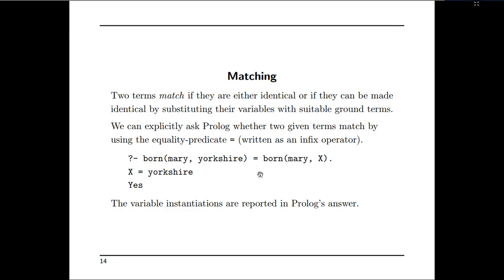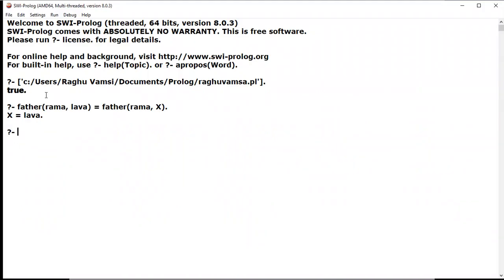In the same way, from the lineage of Dasharatha, Rama, Lava, father of Rama comma Lava is equal to father of Rama comma X. X is equal to Lava. It means checking whether Rama is the father of Lava or not. If so, X is assigned to Lava, and it will give you the assignment.